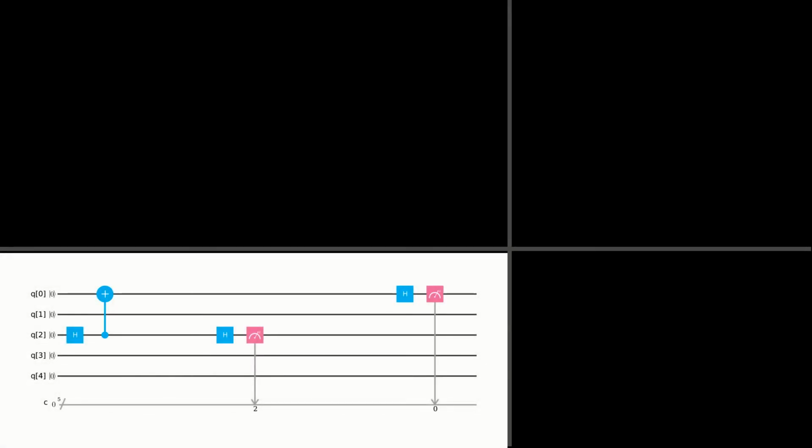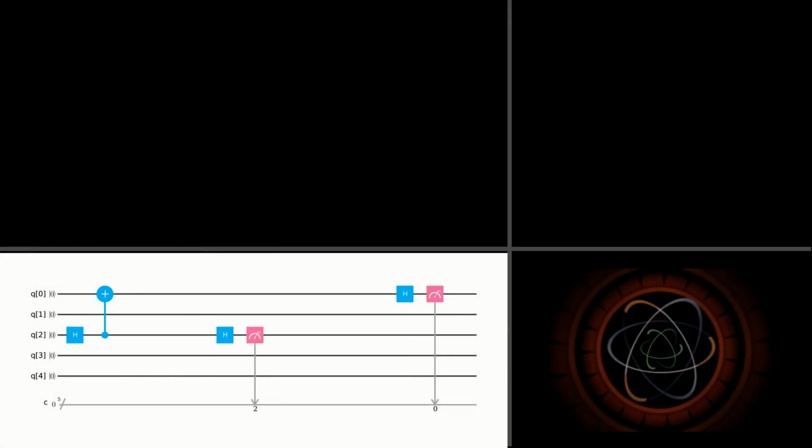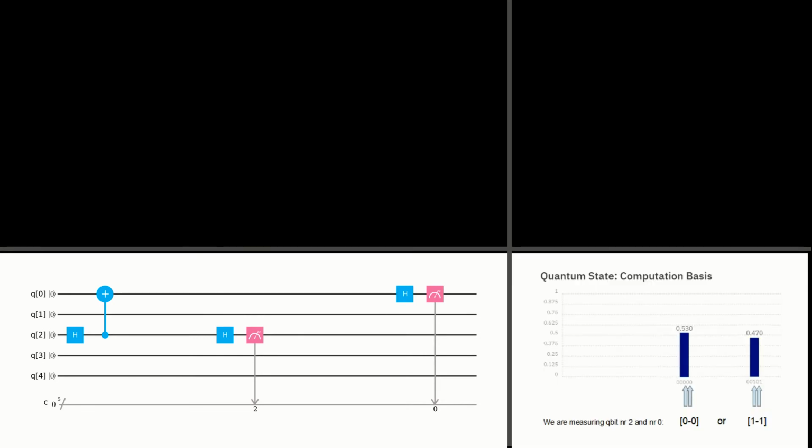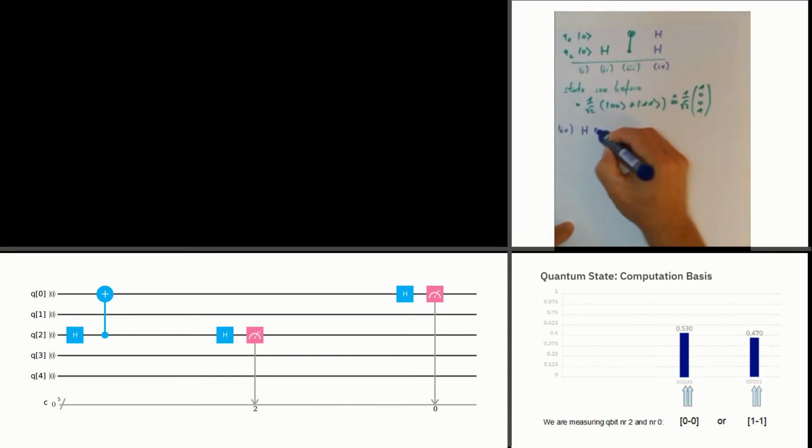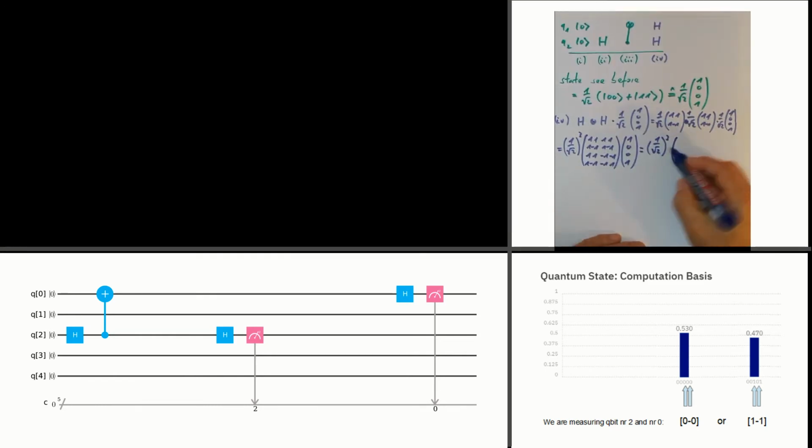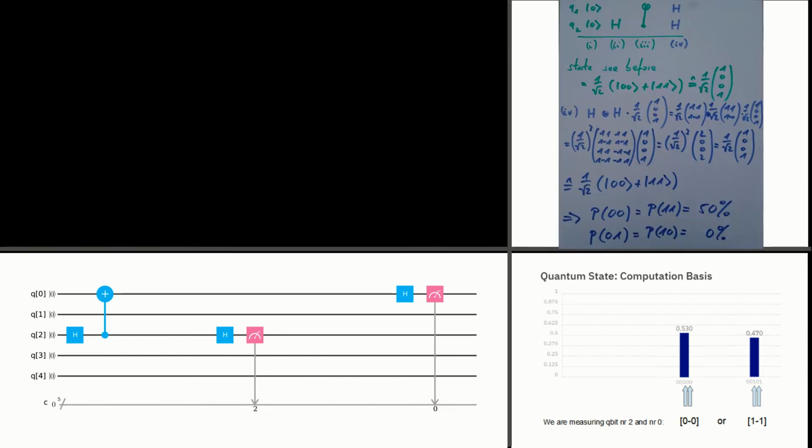But when adding H gates before the measurement, we might expect both qubits to switch to a random value, as we have seen before. But instead, we discover that although the values are random, it will always be the same value for both qubits. Both qubits take the same random decision.